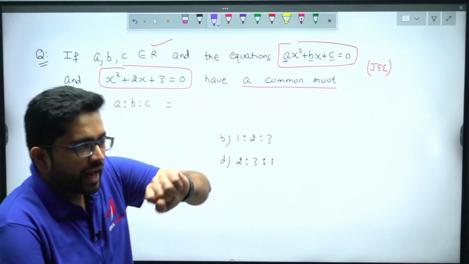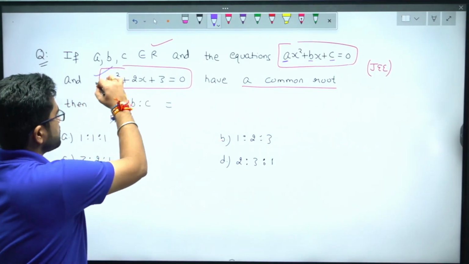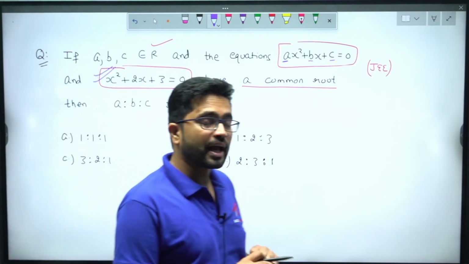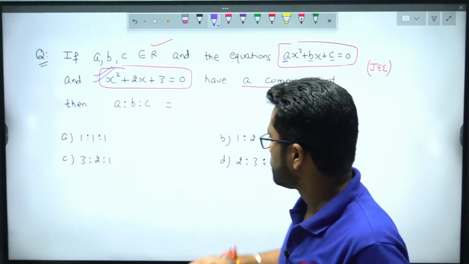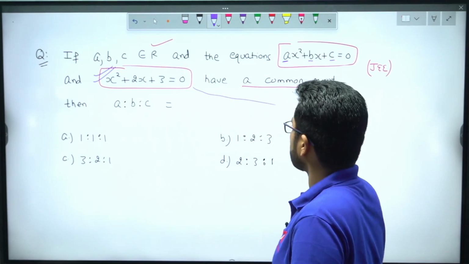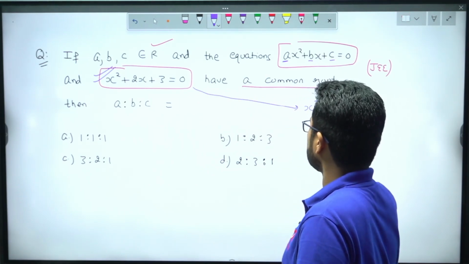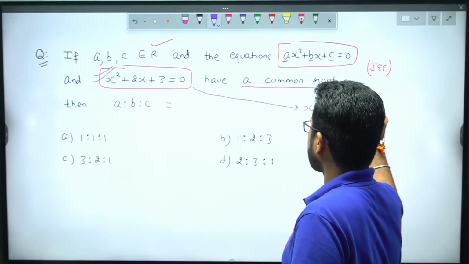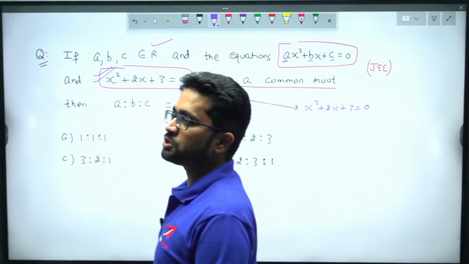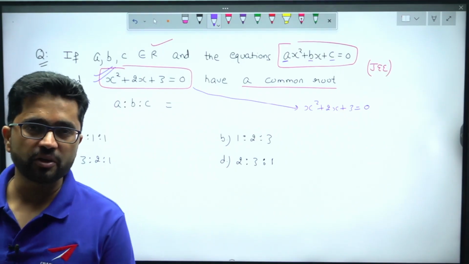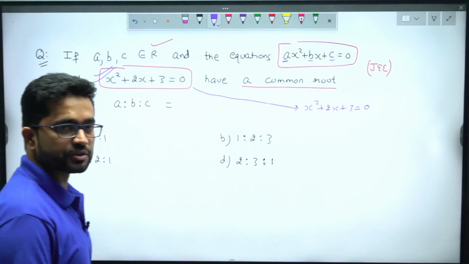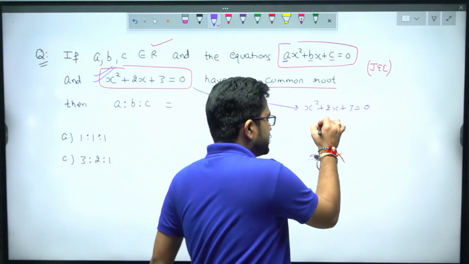Just simply look at the second equation first. This is very beautiful. The second equation is x square plus 2x plus 3. Please observe the nature of roots of the second equation. What is D?